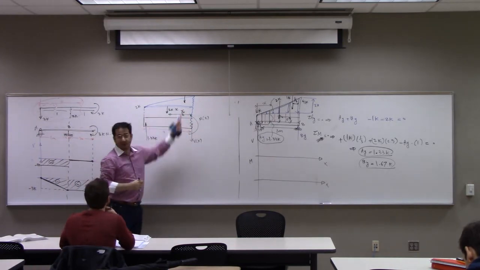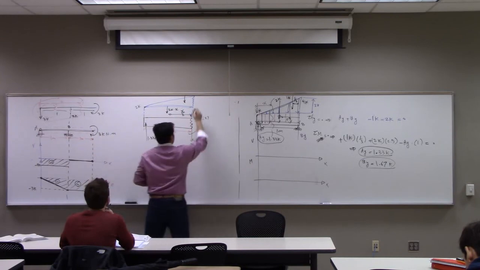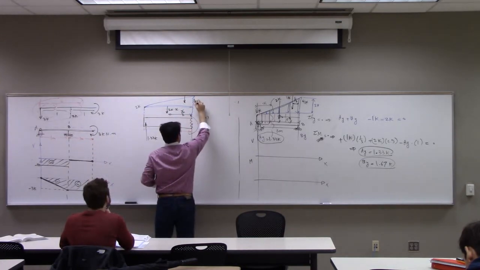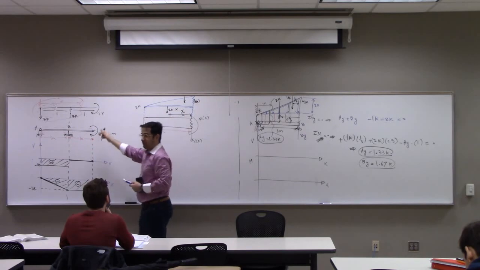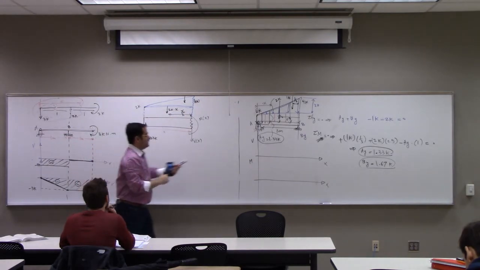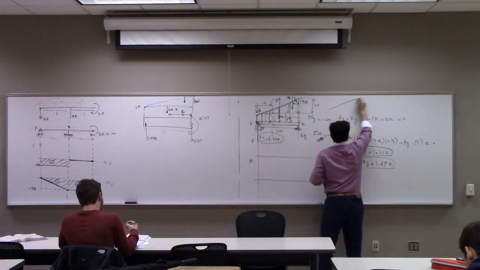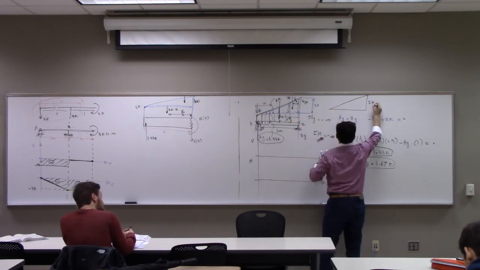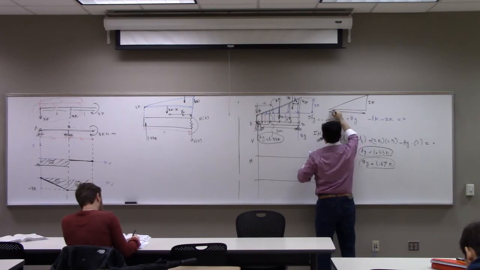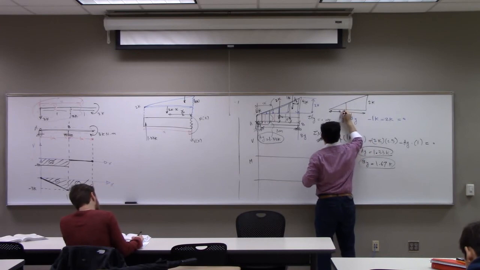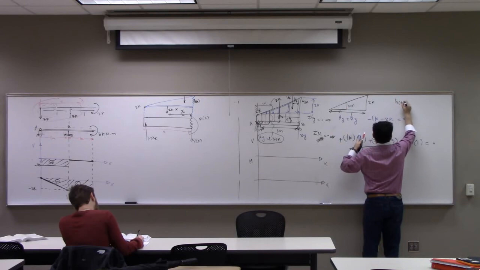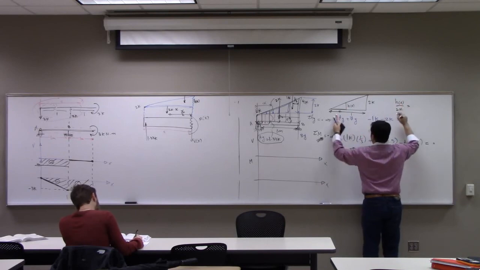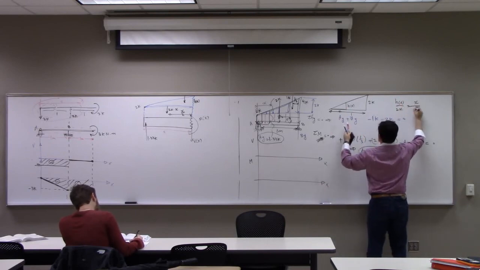Now let's go to the triangle. If you go to the triangle, well, this is h of x. You have to draw some sort of proportion, right? So let me draw this big triangle. At the end, you have 2k, right? At the total length of 1. Then if you have something here which is x, what is your h of x? Then you write h of x over 2k is equal to x over 1.